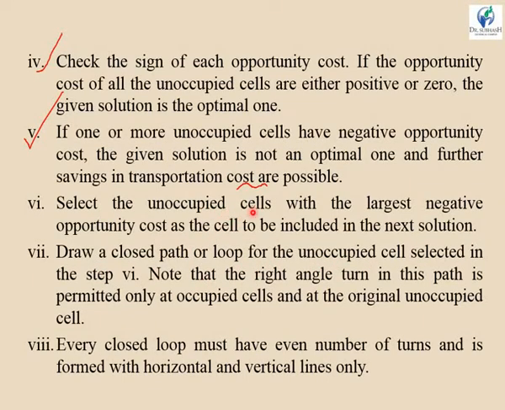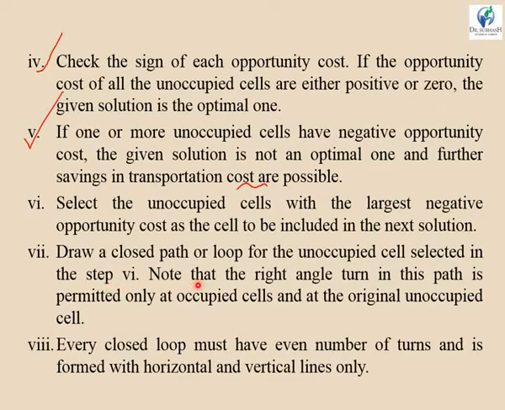Whichever unoccupied cell with the largest negative opportunity cost was selected, from there you will start drawing the closed loop. That is our seventh point.